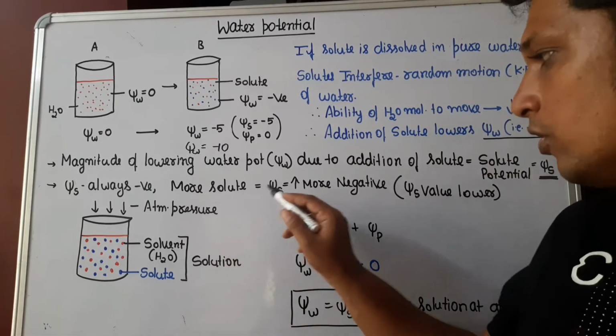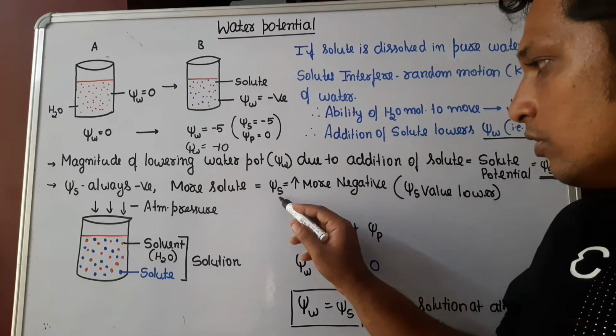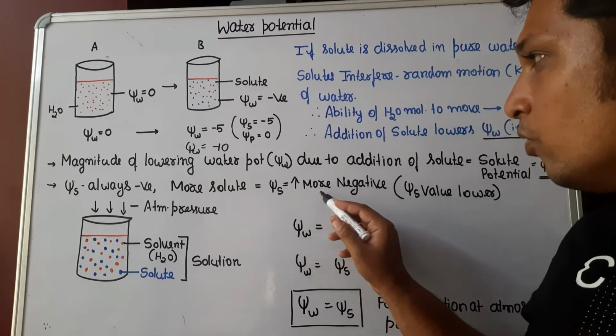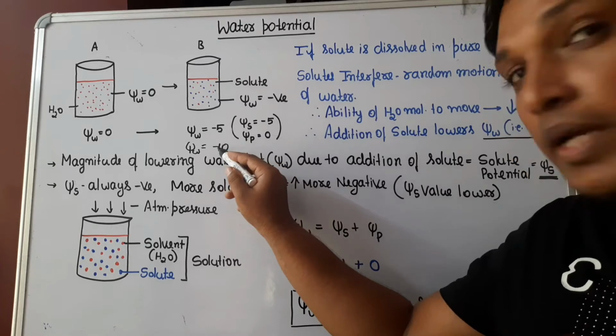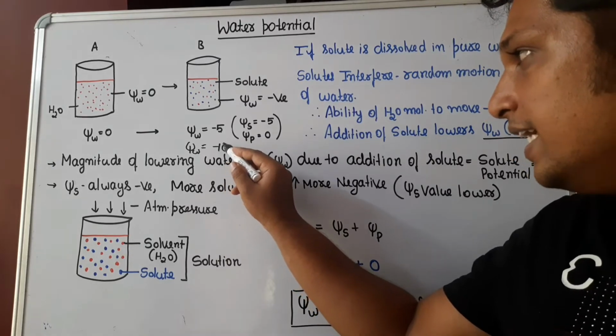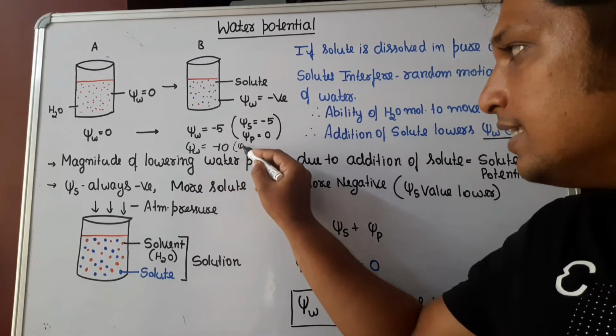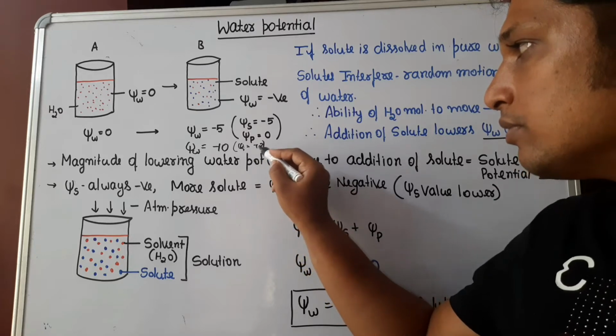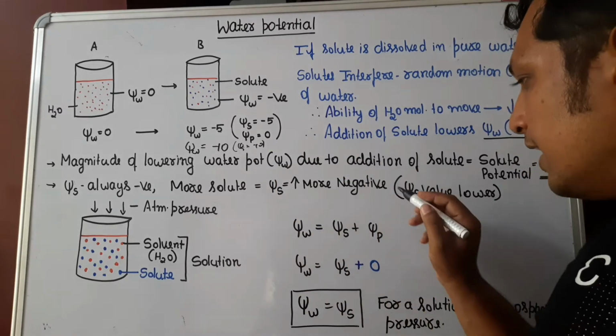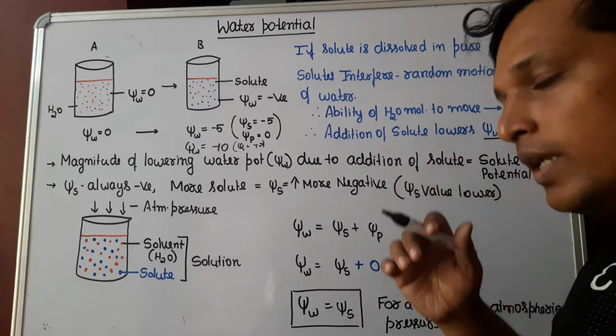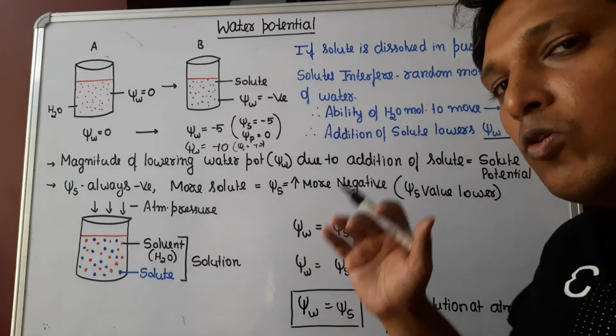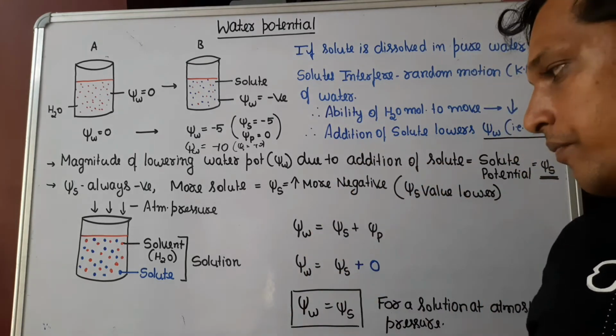Hence, the more the solute, solute potential becomes more and more negative, -5 to -10. Psi s is -10, pressure is 0. So psi s value becomes lower and lower as we add more and more solute to it.